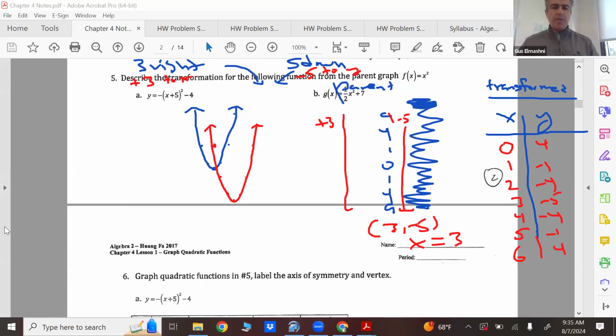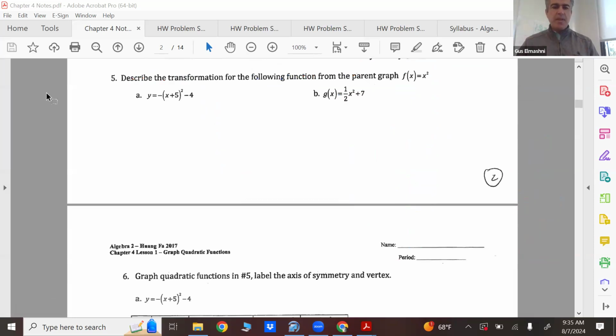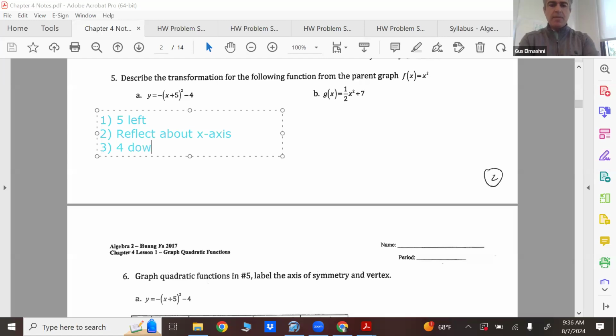Now you're asked to describe the transformation. Once you get good with this, you can kind of just look at it and say, okay, well, this goes 5 left, reflect about the x-axis, 4 down.